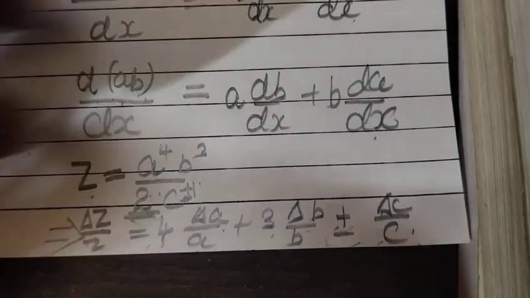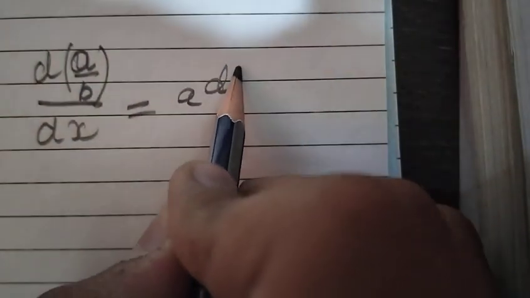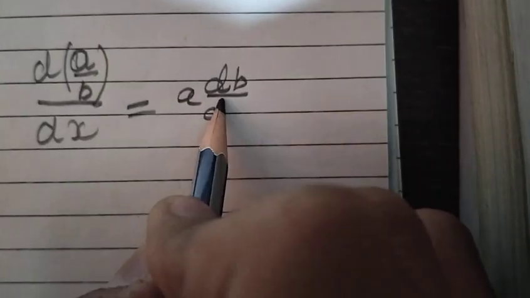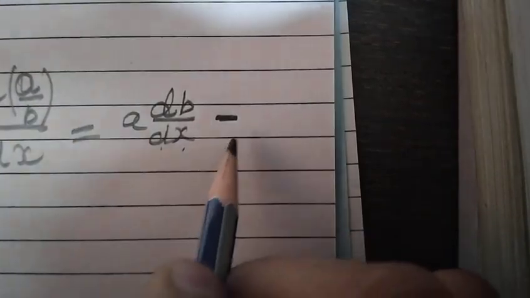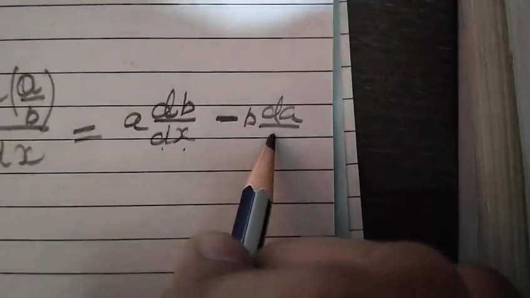So the next rule in derivatives that we are going to see is d of a upon b upon dx is equal to, now we are going to write this like this: a times the differential coefficient of b on the differential coefficient of x minus b dA upon dx, upon the square of this, b square.